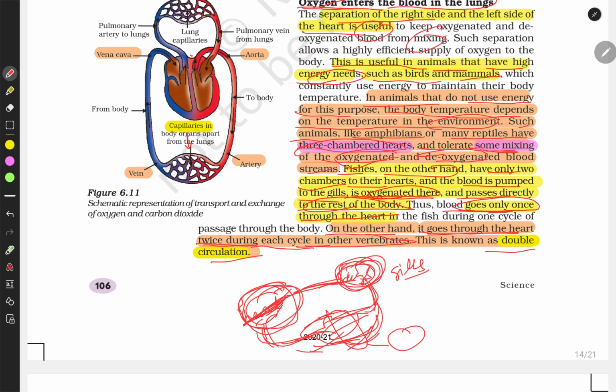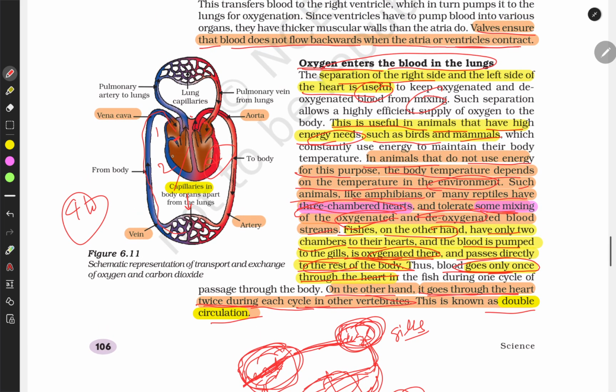And in case of mammals, we have a four chambered heart. One, two, 1 2 3 4. So first the deoxygenated blood is coming, and when the heart is pumping, this valve is closing and the deoxygenated blood goes this way. In the lungs it is getting oxygenated, and it again goes to the heart this way.